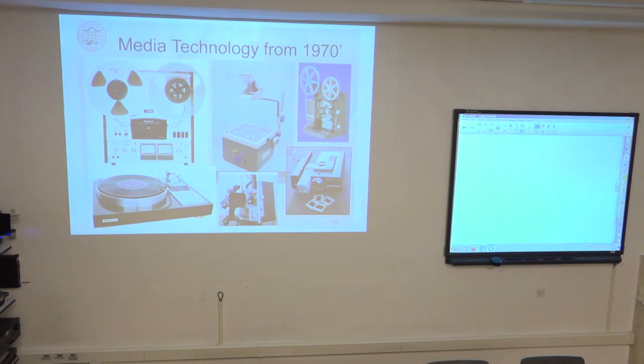You only had to buy the audio record in the shop, and that was the only possibility. You had these big music companies that produced these records in large numbers, and of course they had some kind of studio equipment for recording sound, and later for creating the template for the record.